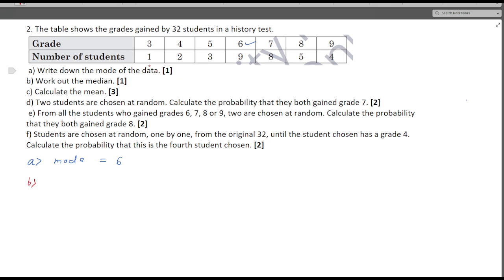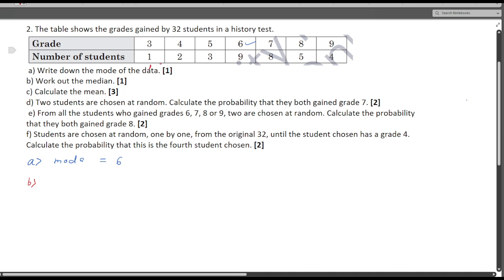So here at the bottom I will write the cumulative frequency. Here it is 1. Now 1 plus 2 gives me 3. 3 plus 3 is 6. 6 plus 9 is 15. 15 plus 8 is 23. 23 plus 5 is 28.